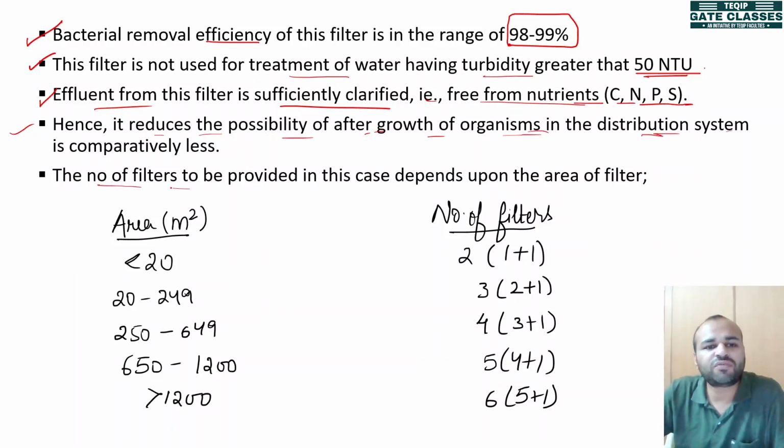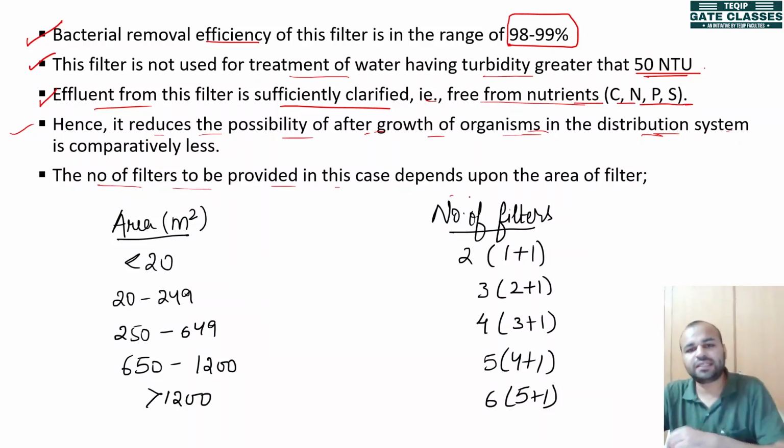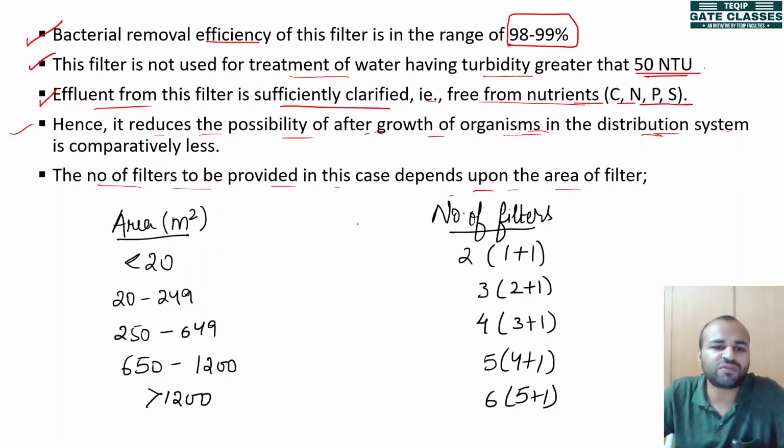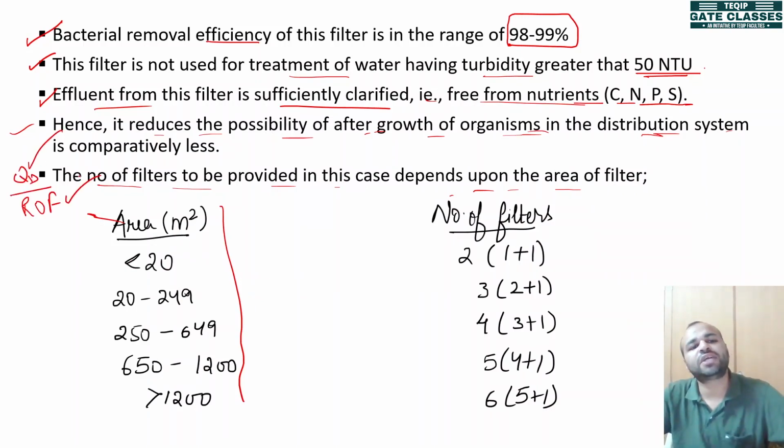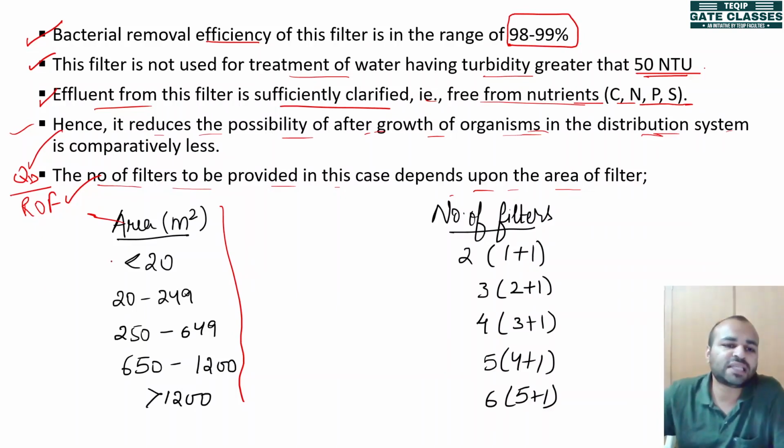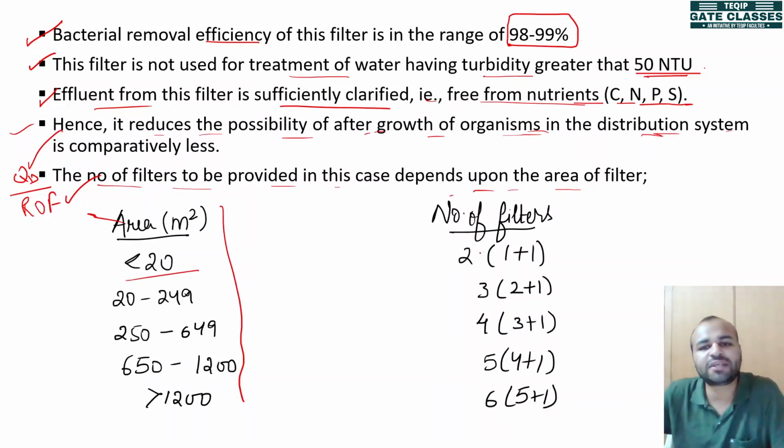Then the number of filters to be provided in this case depends upon the area of the filter. What does it mean? I have drawn a table in which, depending upon the area of filter required, we calculate it using the design discharge that is given to us and the rate of filtration for which we have designed the filter. If the area required is less than 20 meter square, then we will require two filters.